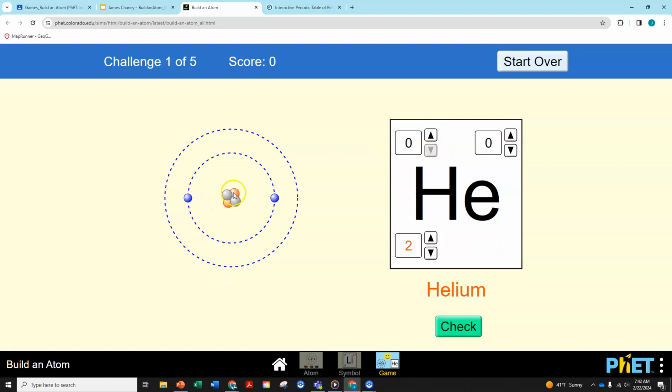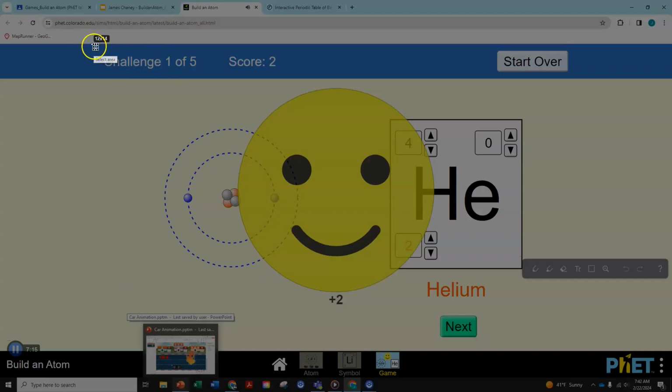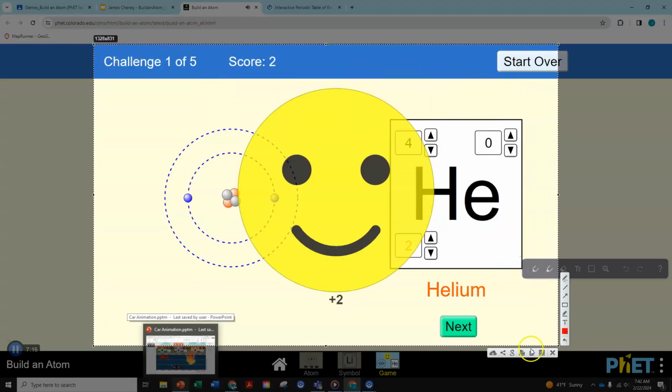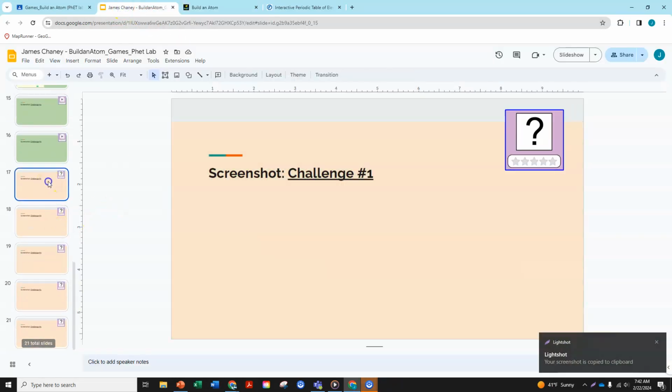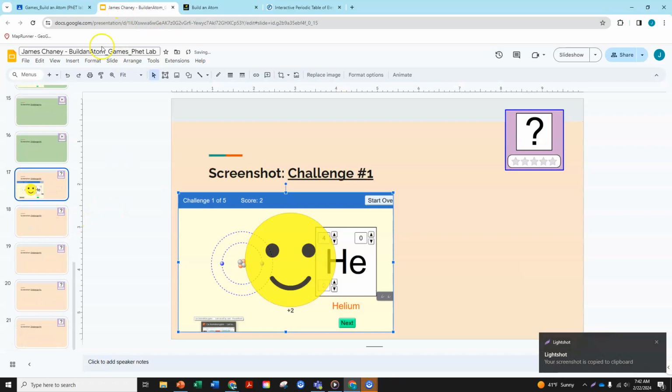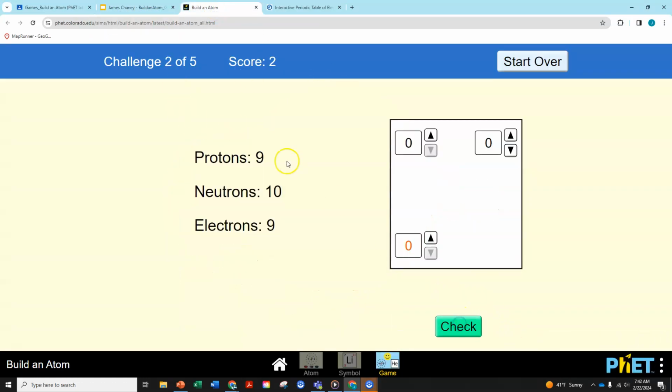So there's 1, 2, 3, 4 subatomic particles in the nucleus, so I'm going to put 4 there. And we're going to check, and we're going to get it right, and we're going to do our screenshot. And that's how we're going to proceed with the next 4 on these. And these are the orange ones right here, or peach, whatever color that is. We'll do one more. Next.